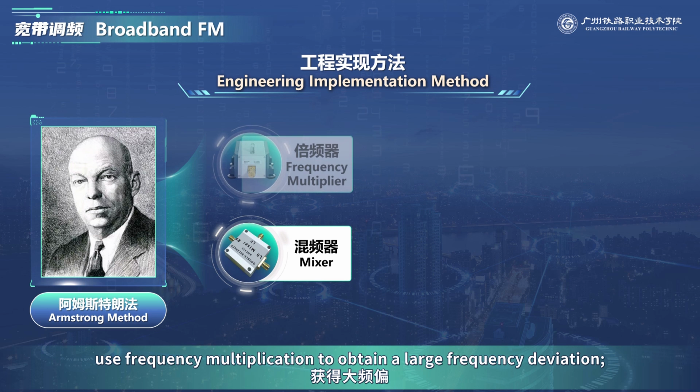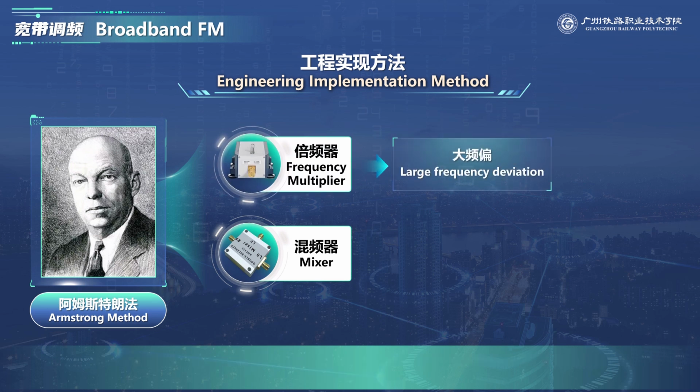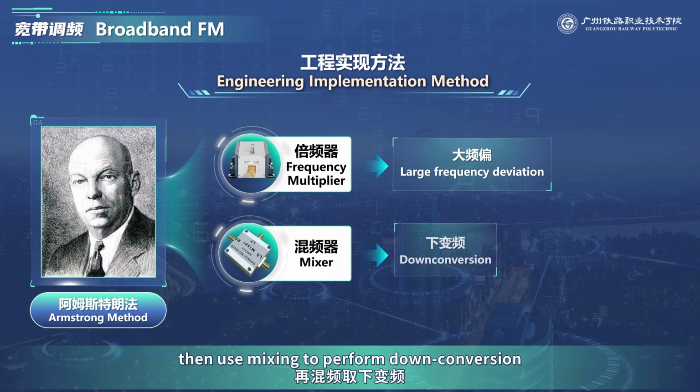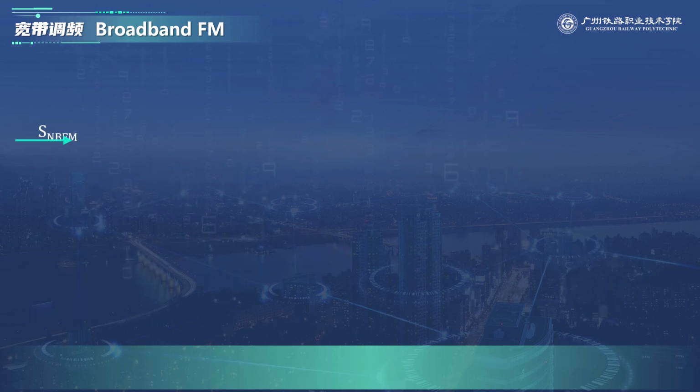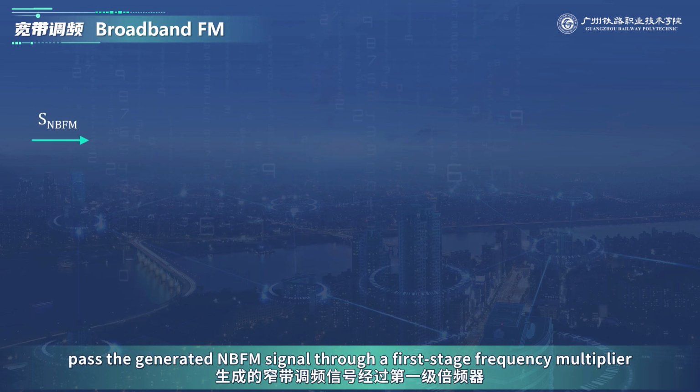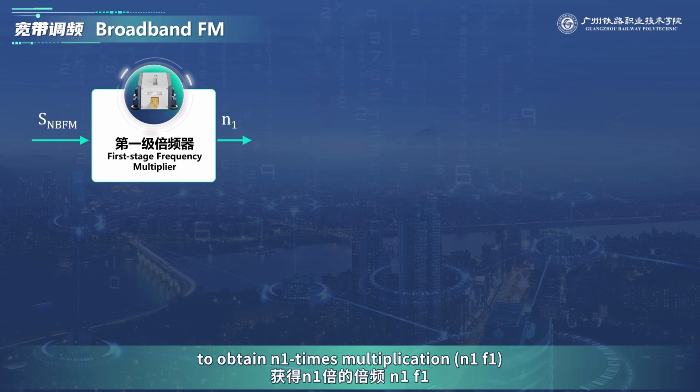First, use frequency multiplication to obtain a large frequency deviation. Then use mixing to perform down conversion to achieve the specified carrier frequency. First, pass the generated NBFM signal through a first stage frequency multiplier to obtain N1 times multiplication, N1 f1.